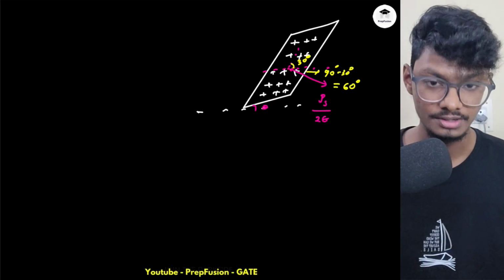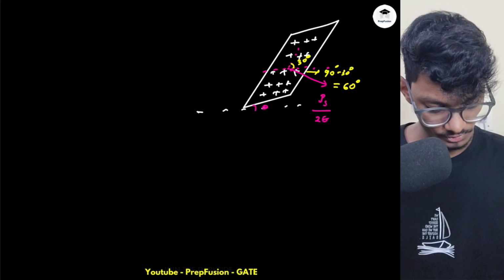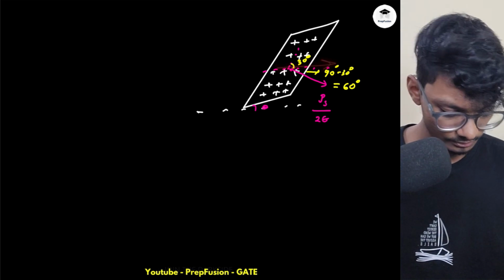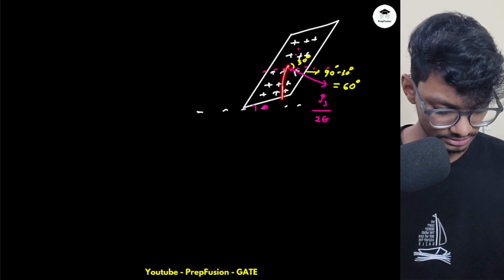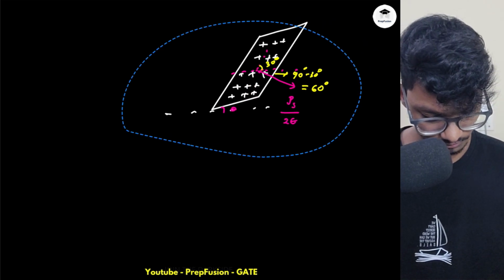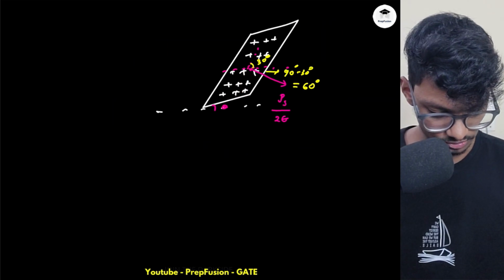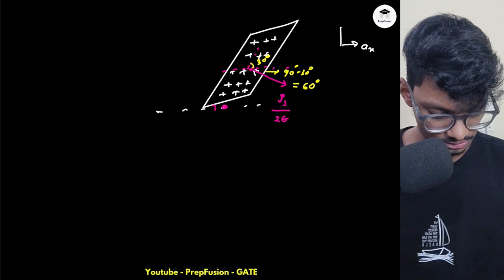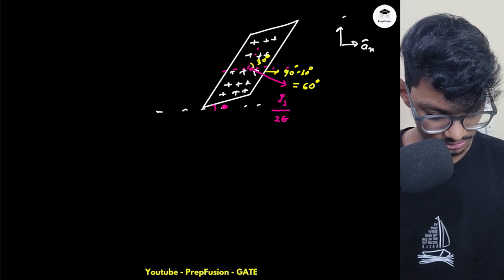Rho s upon 2 epsilon. So along this and along this, this is the ax direction and this is the minus ay. I will just write down the coordinates. I will assume this as ax and this as ay.